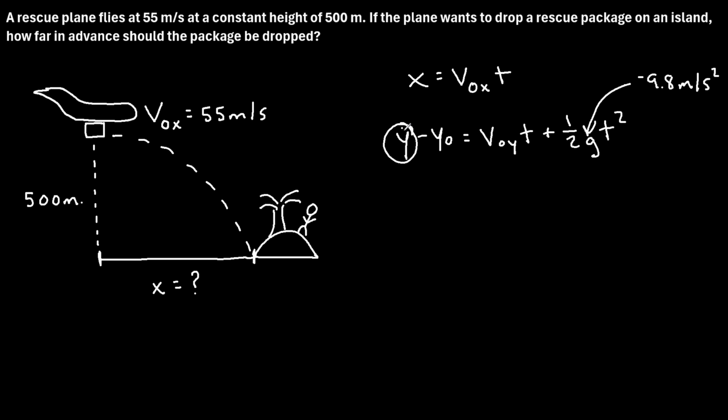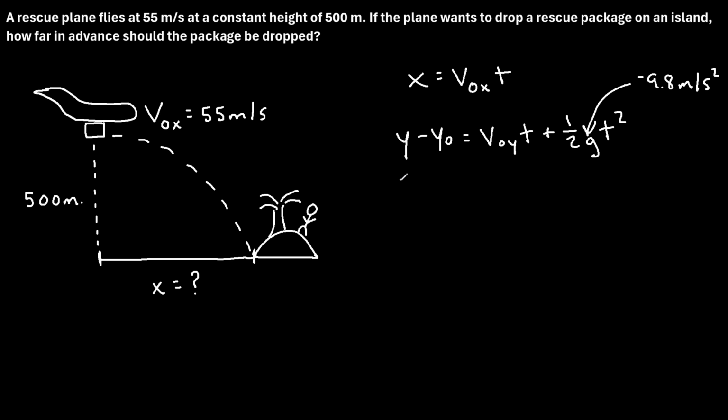This y value is our ending y value. If we say that the ground right here is 0 meters, that's our final y value, so that will be 0. And our initial y value, y0, is 500, so we're 500 meters in the air.